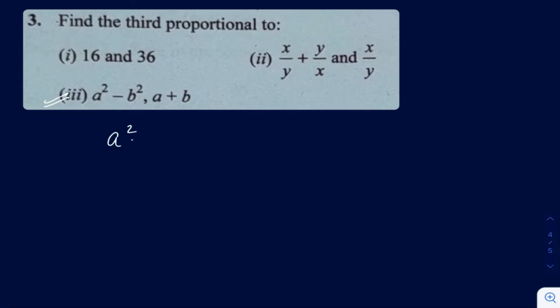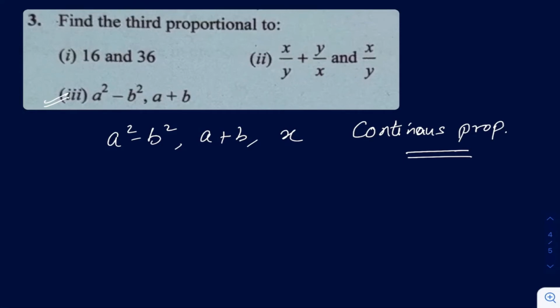A square minus b square, a plus b, and the third number is missing, so let it be x. And these three numbers are in continuous proportion, although it is not given in the question. But from this clue we have come to know that these three numbers are in continuous proportion.